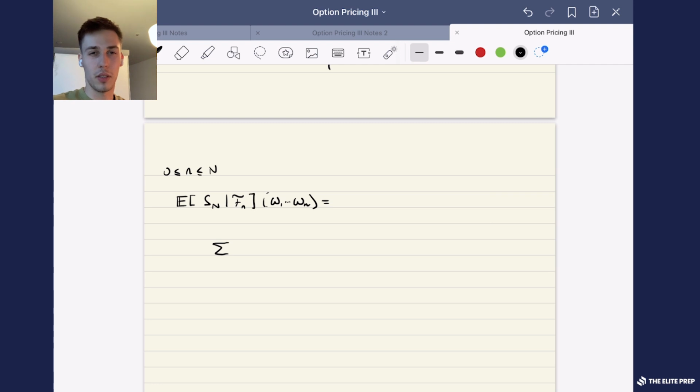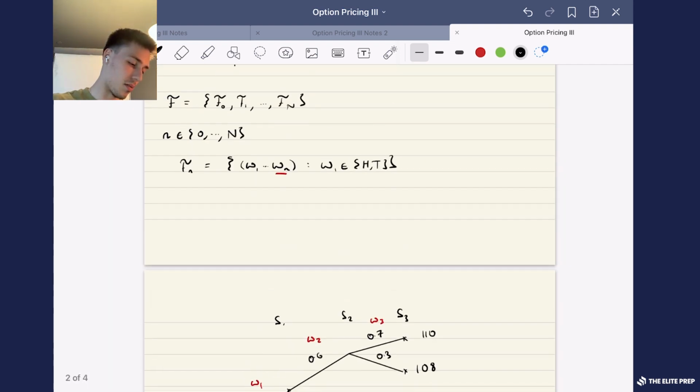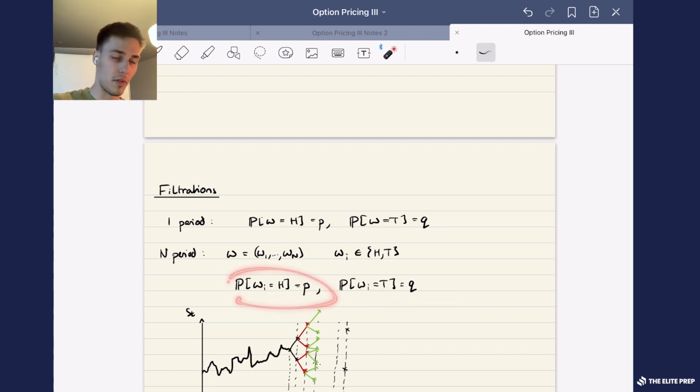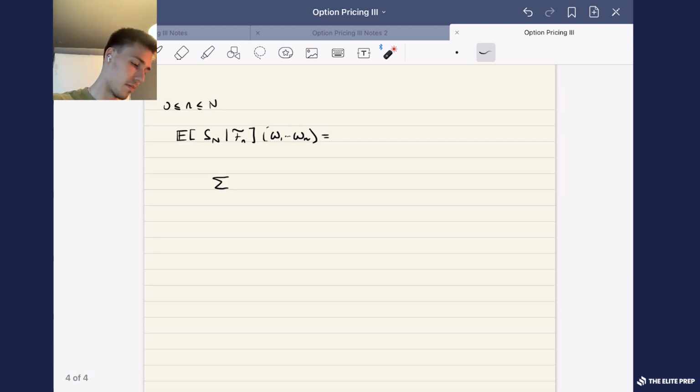And for now, we're going to, again, make this assumption that all the probabilities match up. So the probability of throwing heads is always p, the probability of throwing tails is always q. That just makes notation easier, but you can rewrite this in another way too.